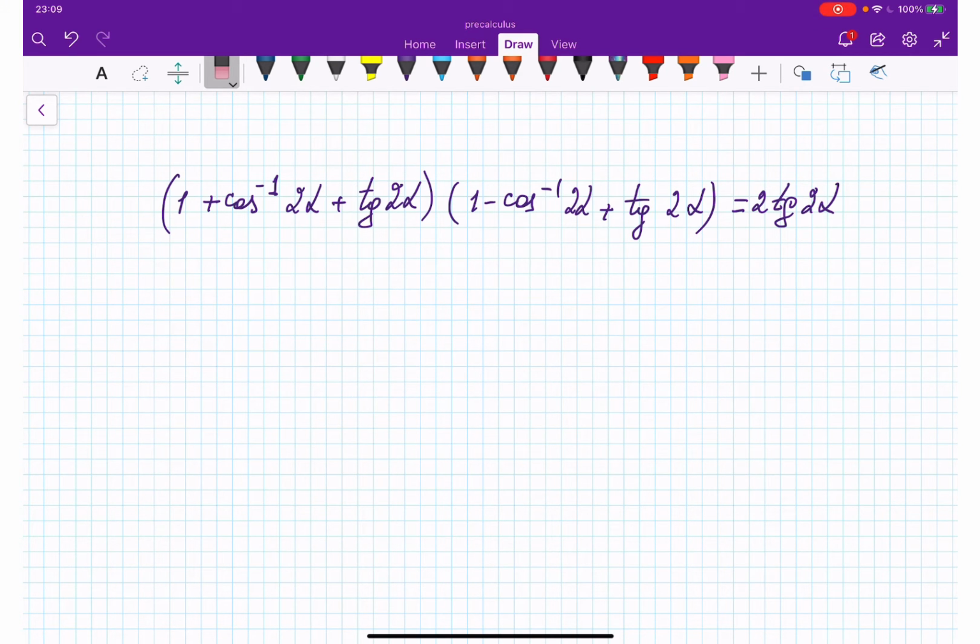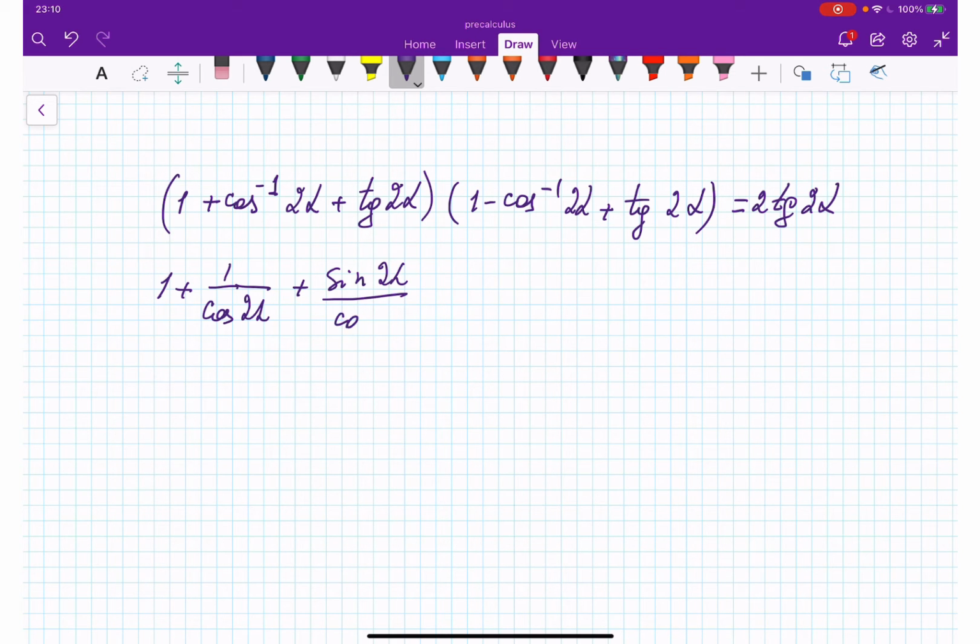So what we are going to do, I'm going to write down, first of all, get rid of degree negative 1 for cosine. So it's going to be 1 plus 1 over cosine alpha, plus I'm going to open tangent as sine alpha over cosine alpha.